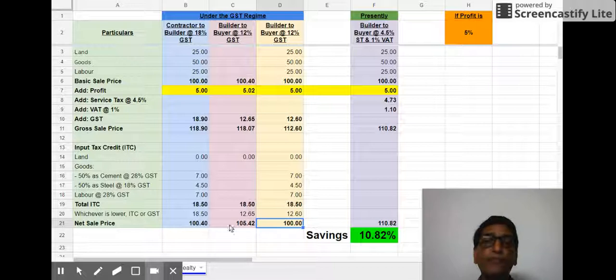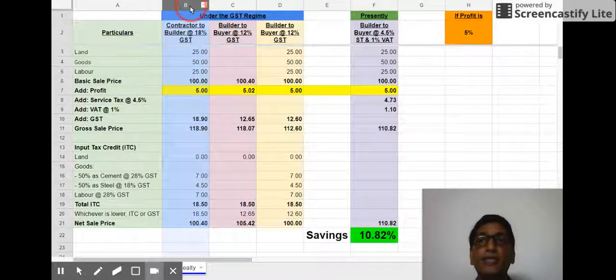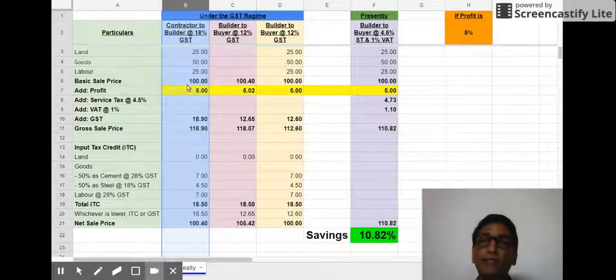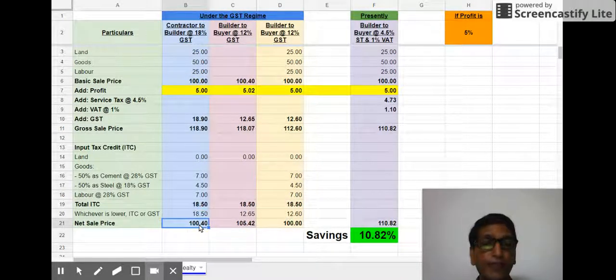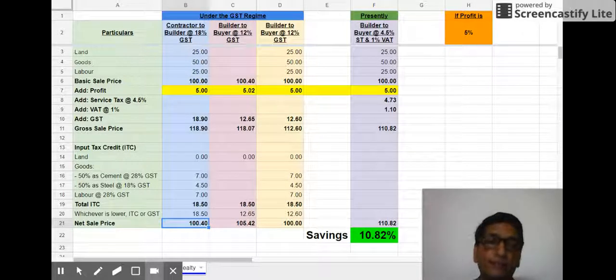Now compare these three situations. When the builder gets the construction activity done through a contractor, the price of 100 came to 100.40.